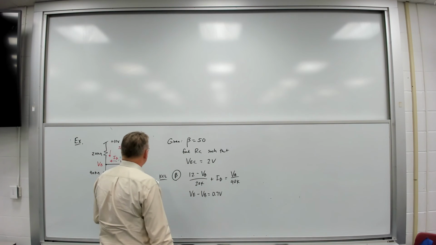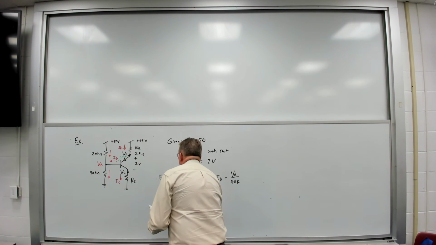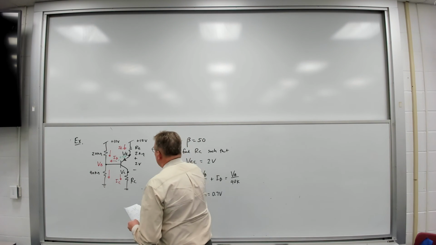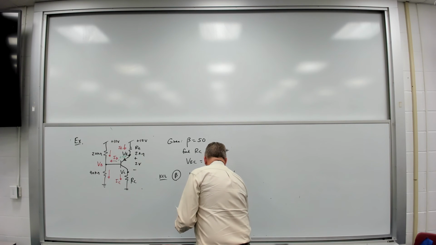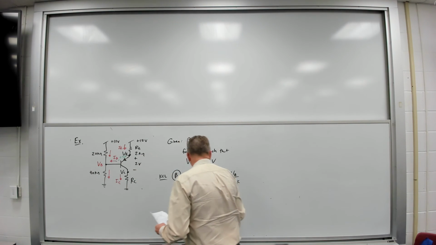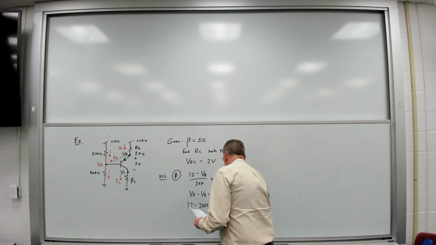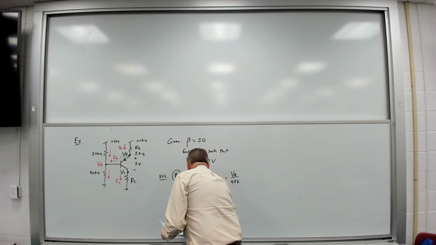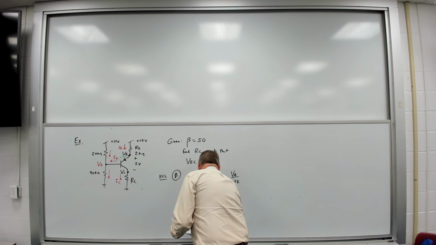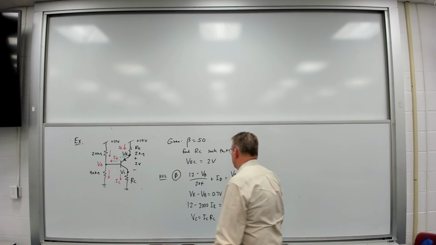And I know that 12 minus 2,000 times IE must be equal to VE. And I also know that VC must be equal to IC times RC.